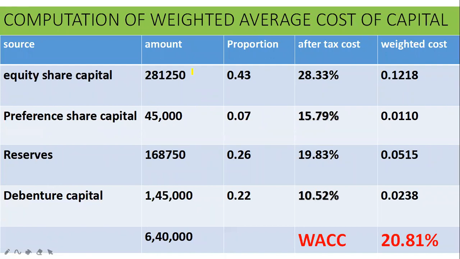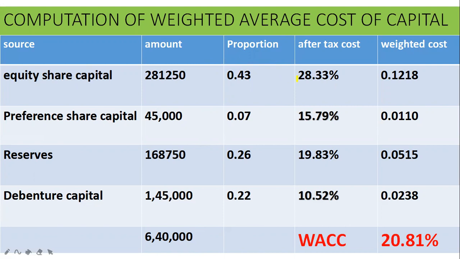So I have taken that into account, and to calculate the weighted cost, the proportion is to be calculated. How to calculate this proportion? 2,81,250. This is the portion of the equity. This is to be compared with the total investment, that is 6,40,000. When you compare this 2,81,250 with 6,40,000, you will get the proportion 0.43.